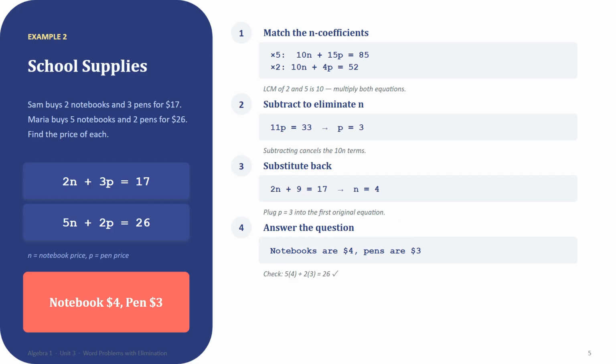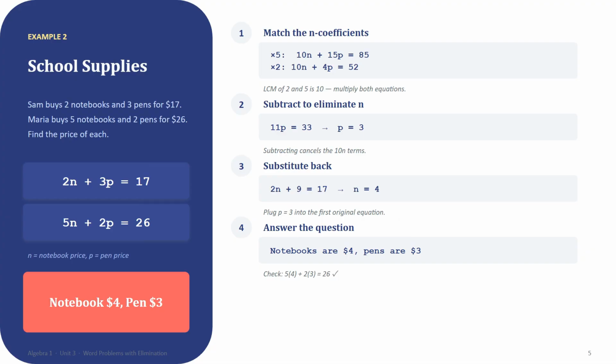Now we match the N coefficients. We multiply the first equation by 5 and the second equation by 2. In the first equation, when you multiply by 5, it comes to 10N plus 15P equals 85. And in the second one, when you multiply by 2, it comes to 10N plus 4P equals 52. The LCM of 2 and 5 is 10.